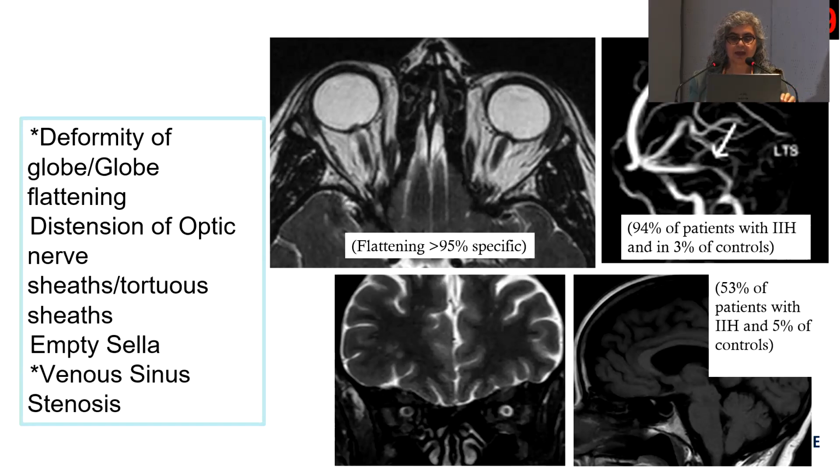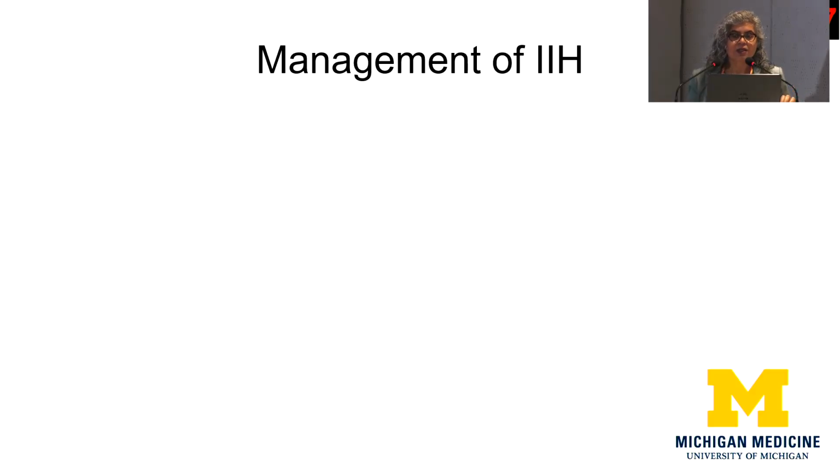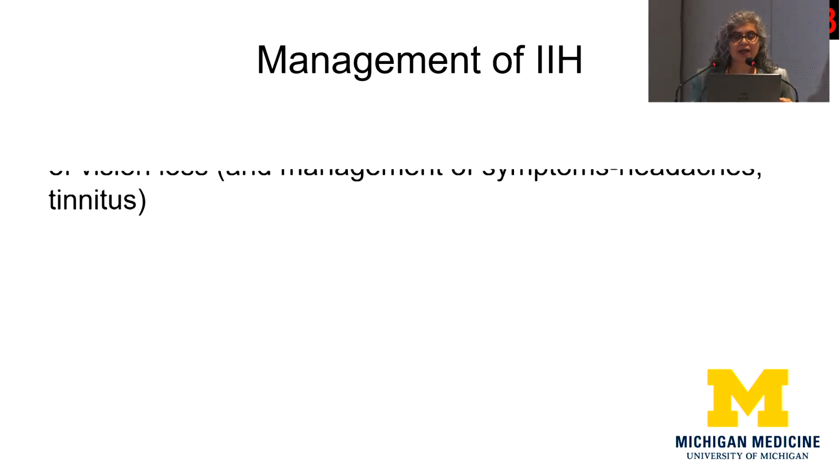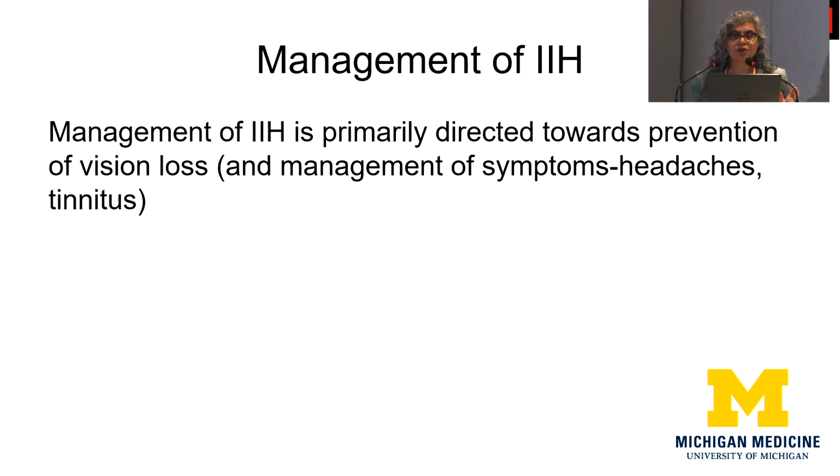So once you've diagnosed IIH, you want to look at management. Why do we treat? It's primarily directed towards prevention of vision loss. And of course, there are other symptoms such as intractable headaches, or some patients are bothered by pulsatile tinnitus. But we as ophthalmologists really worry about preventing vision loss.